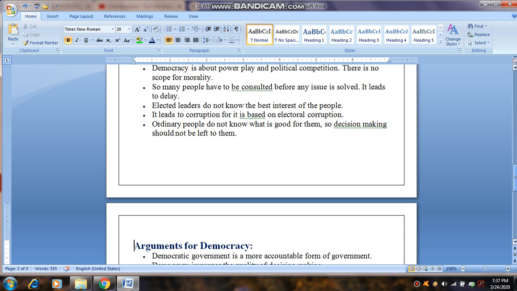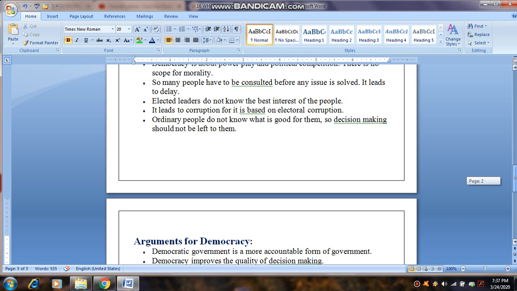That is why a group of people thought democracy is not a good idea, because maybe ordinary people do not know about their benefits, and they may take a wrong decision due to electoral corruption.